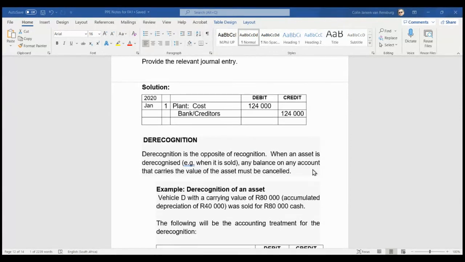Now, my first question to you: if you have to get rid of all balances relating to that asset because you are selling it, you are no longer going to own it, how many accounts will be involved? You can just type a figure for me there.